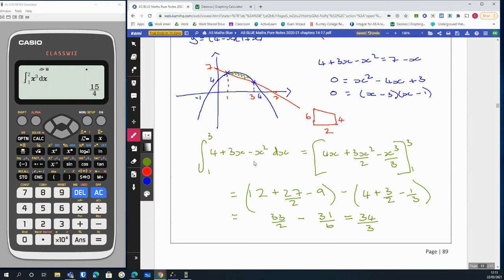So the area of the trapezium is a half, a plus b, times perpendicular height, which is equal to 10. So the area that we are looking for is 34 over 3 minus 10, which is 4/3.